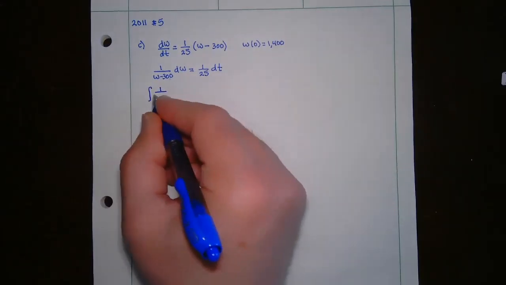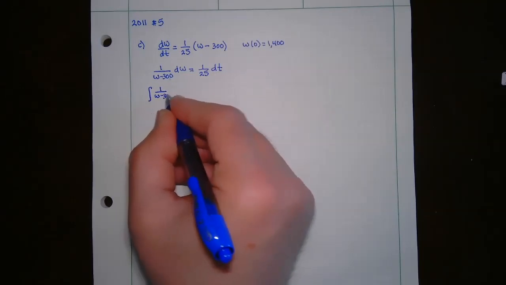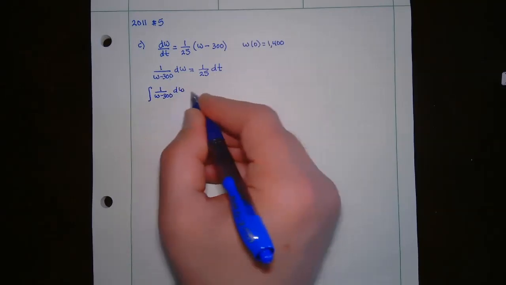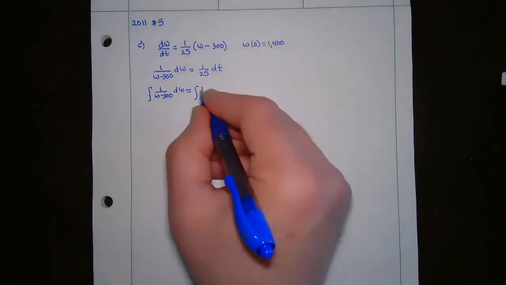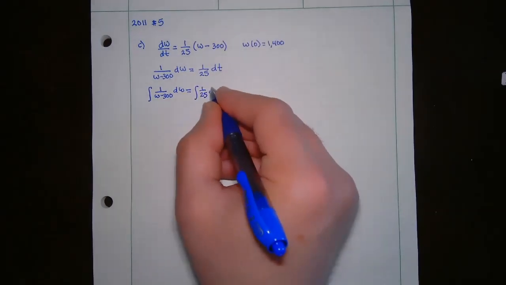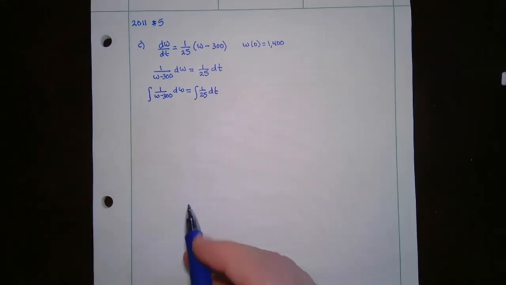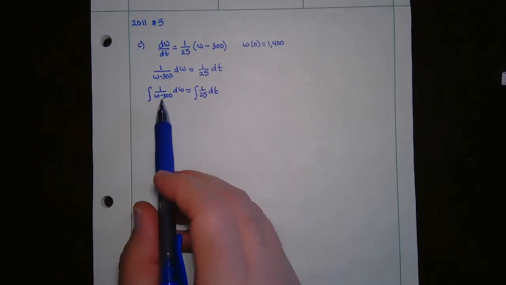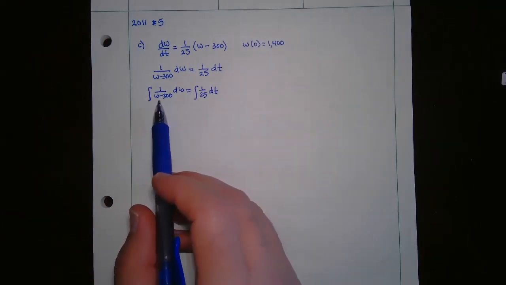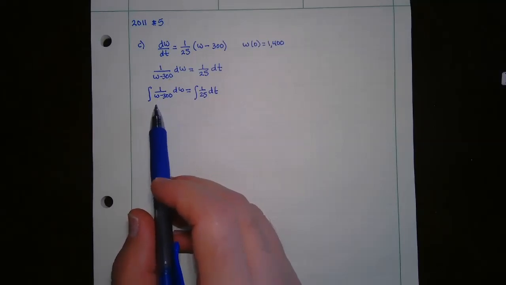And so we're going to integrate both sides. The integral of 1 over W minus 300 dW is equal to the integral of 1 over 25 dt. You could do a u substitution, where u would be W minus 300, and the derivative du would give you dW.